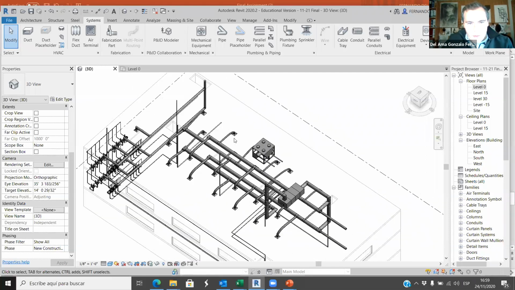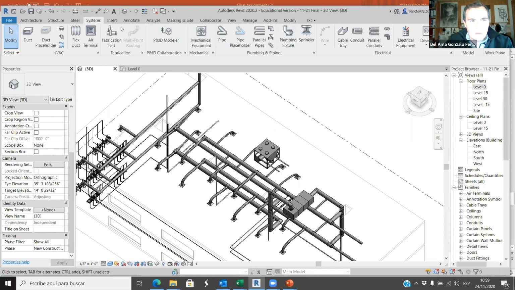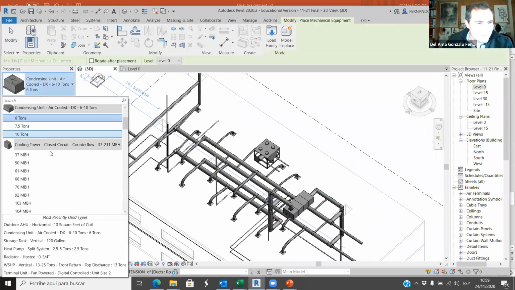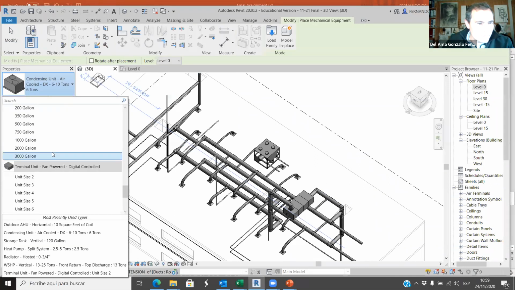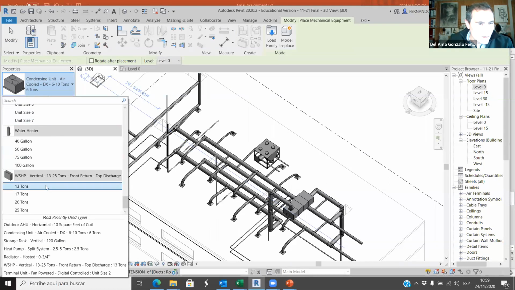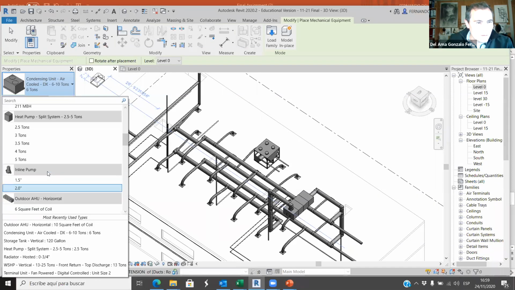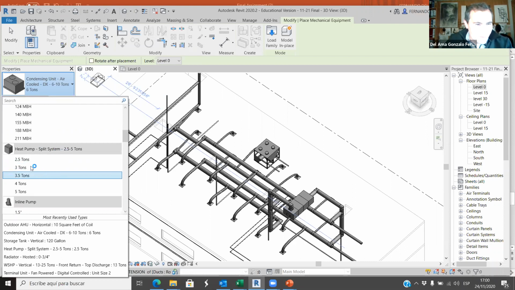Now I want to insert two different elements that are not included here. In systems, mechanical equipment, boiler heater. We do have a heat pump for split systems.